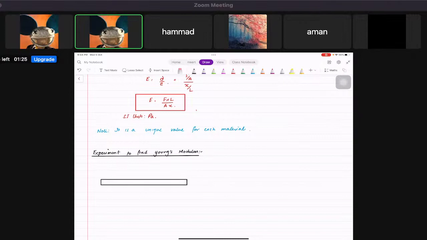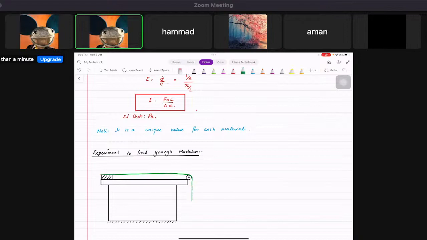So on a table like that, first of all, you would want a block of wood, and on that block of wood, you also need a pulley, and then over that pulley, you put a wire that basically just goes like this.